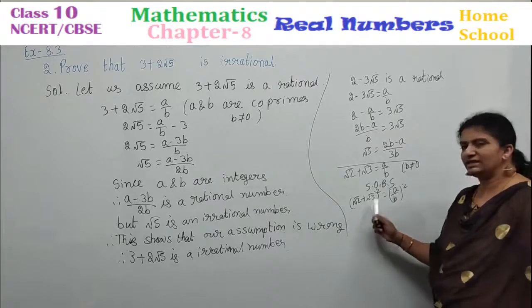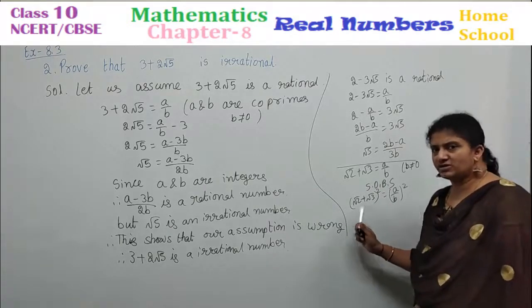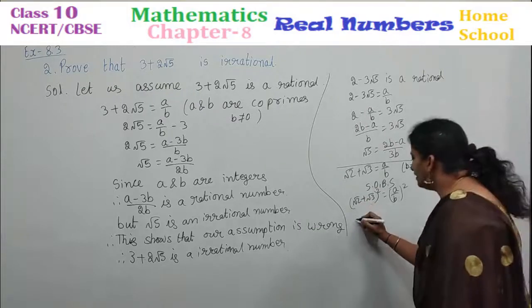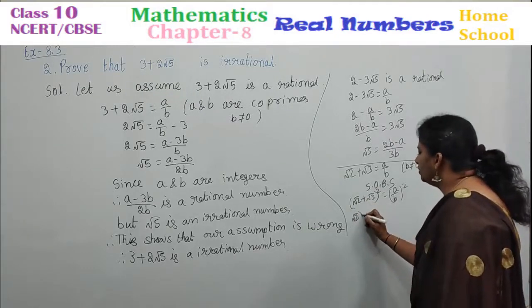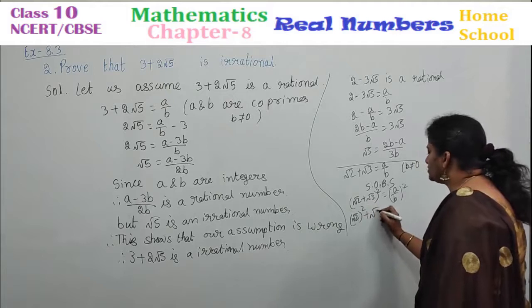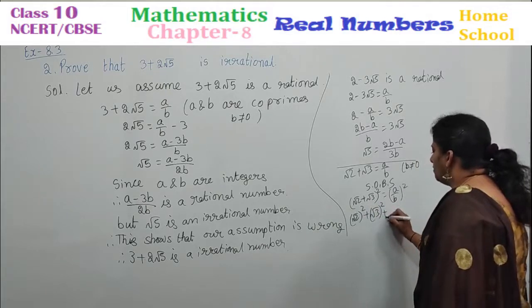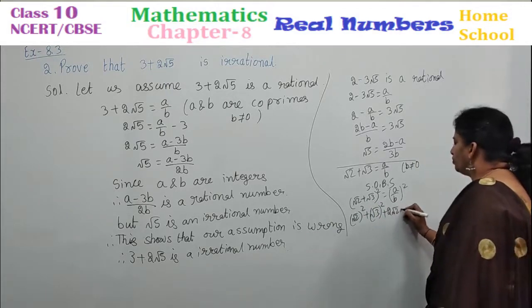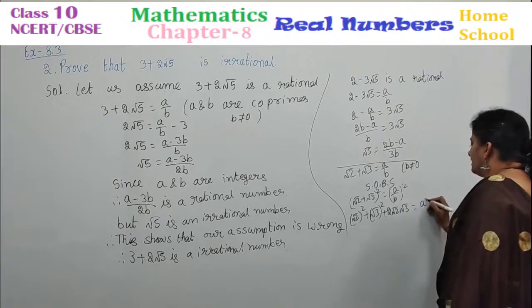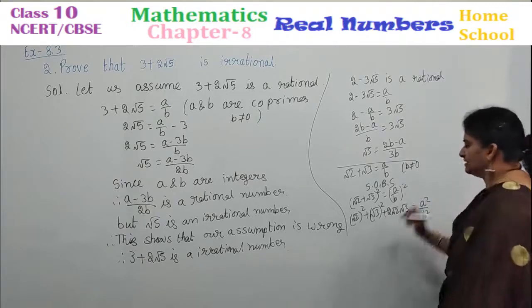Now, what you can see here? (a plus b) whole square formula, right? Apply here. That becomes root 2 whole square plus root 3 whole square plus 2 into root 2 into root 3 is equal to a square by b square.